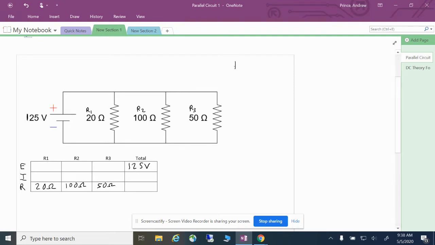So just to write that down over here, RT equals 1 divided by 1 over R1 plus 1 over R2 plus 1 over R3. So let's go ahead and fill in those values here.